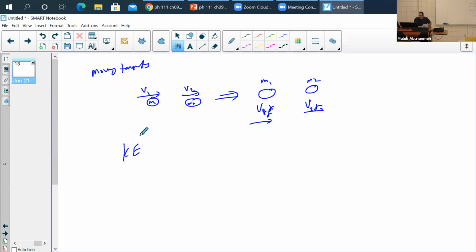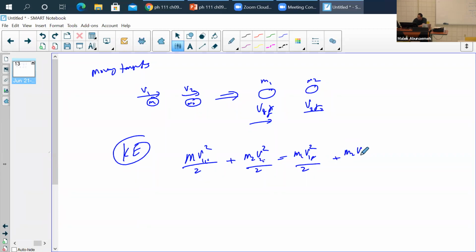And again, look at the kinetic energy: your 1/2 m1 v1 initial squared plus 1/2 m2 v2 initial squared is going to equal 1/2 m1 v1 final squared plus 1/2 m2 v2 final squared.